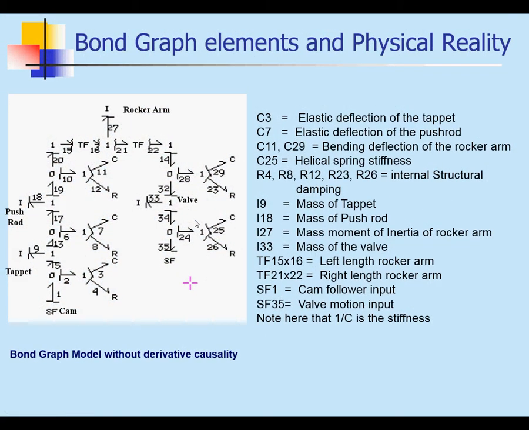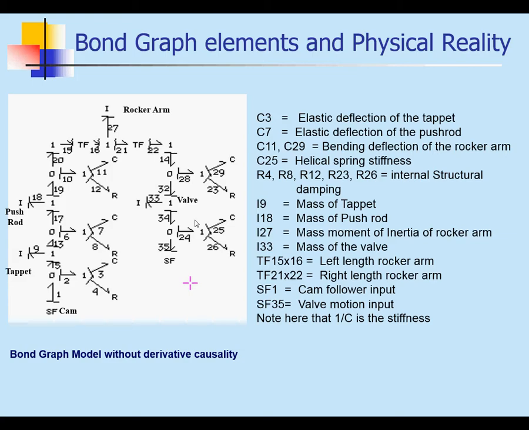Here we are going to name the values in more understandable terms, and each physical parameter is designated with a bond number. So C3 becomes the elastic deflection of the tappet, C7 becomes the elastic deflection of the push rod, and so on. The R elements are internal structural damping.